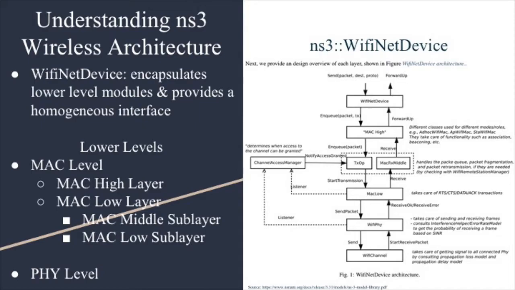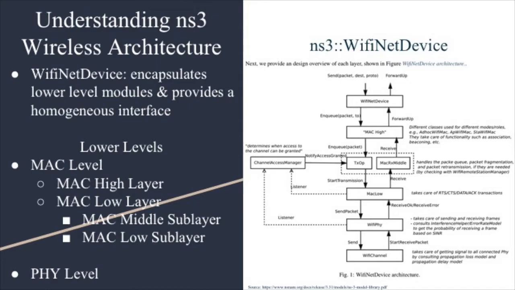And it then proceeds to break down all of these steps into what seem to be their own layering and sub-layering structure, but a lot of it overlaps with what is seen in the literature and I believe what is done in industry. As you can see on the left, the lower levels can be broken down into the MAC level, which includes the MAC high layer and the MAC low layer.